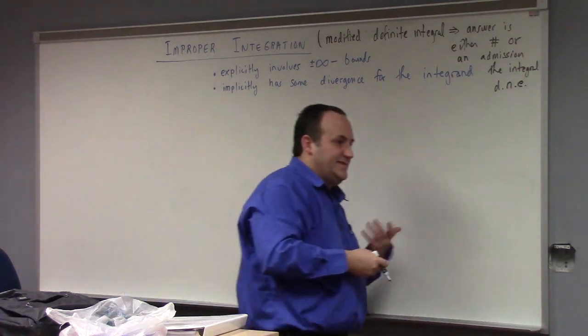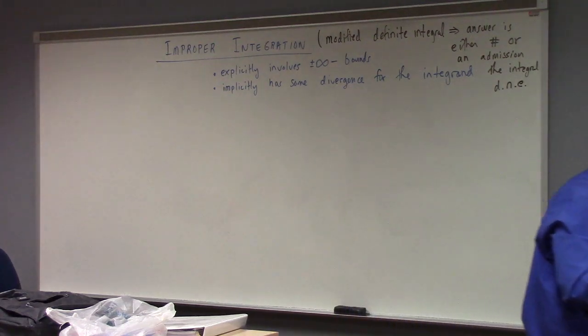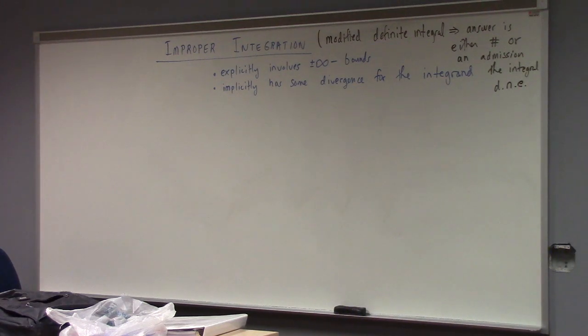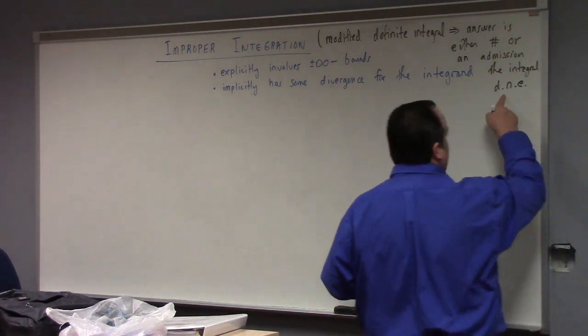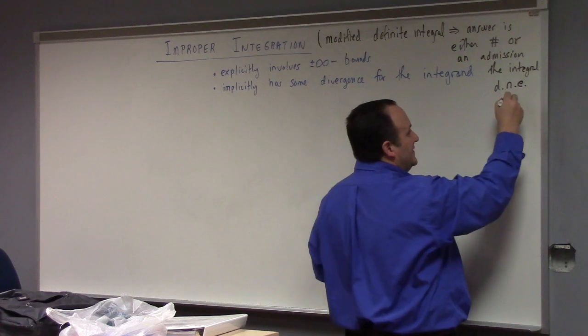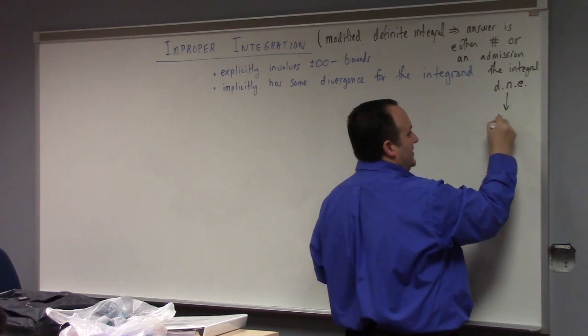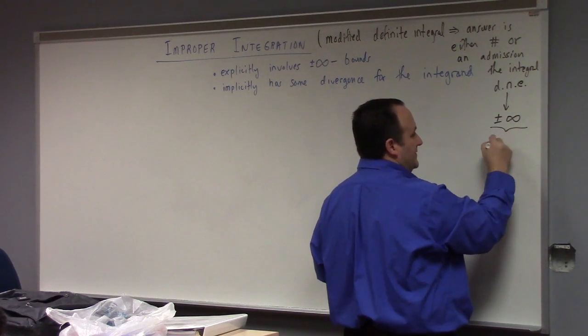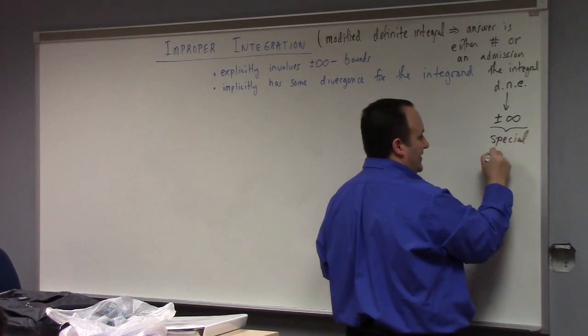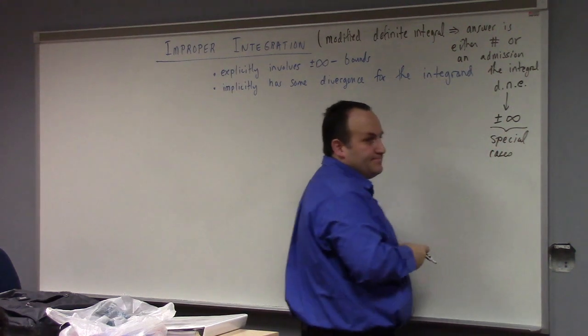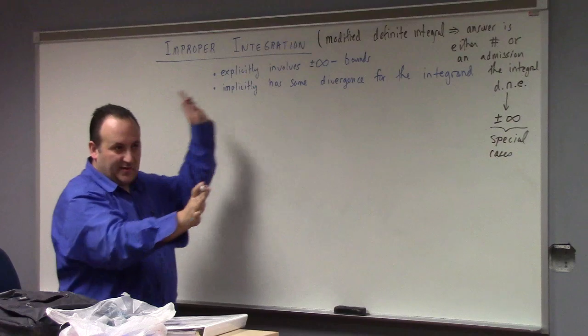Sometimes we can be more precise: sometimes it grows without bound, in which case we write infinity. Sometimes it grows without bound in the negative direction, and then we write minus infinity. So technically, plus or minus infinity are special cases of non-existence. Okay, that's the big picture.